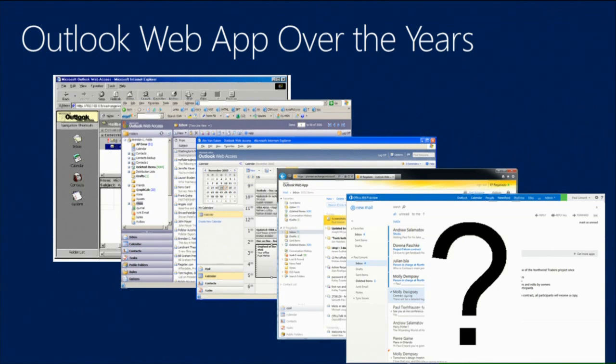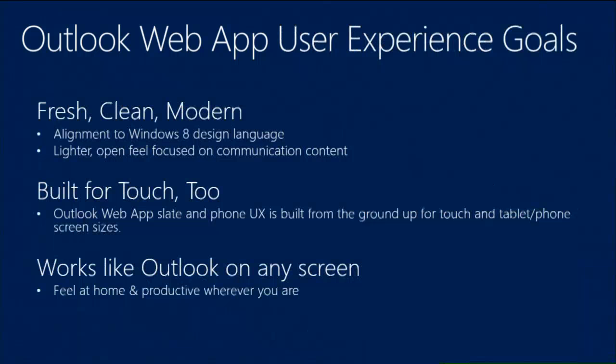To have a really first-class experience with touch, you really have to think about the user interface from the ground up and how you make it optimized for touch from the very beginning, as opposed to something that you just do at the end of a finished product. So all those things have happened over the years, and those helped inform some of the design principles that we had for the Exchange 2013 release.